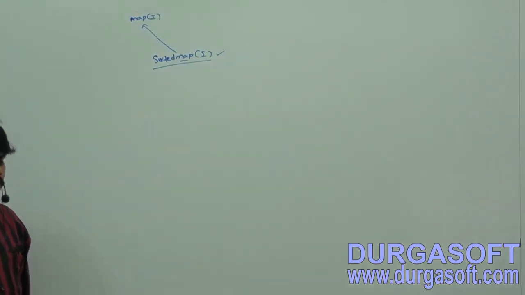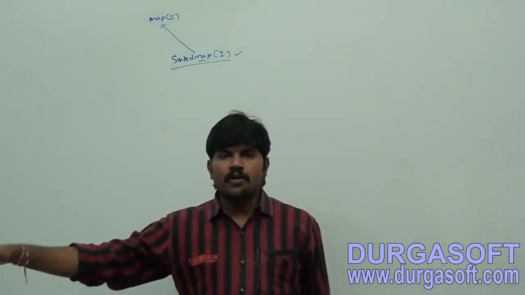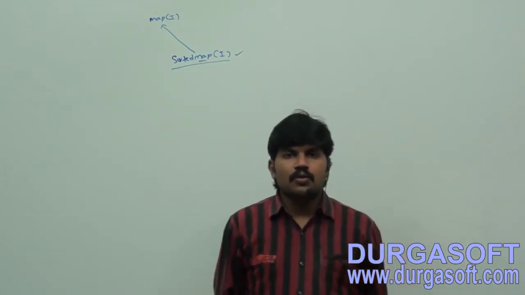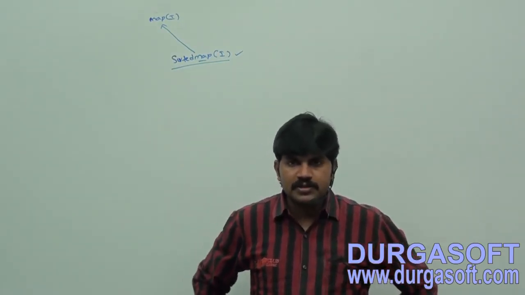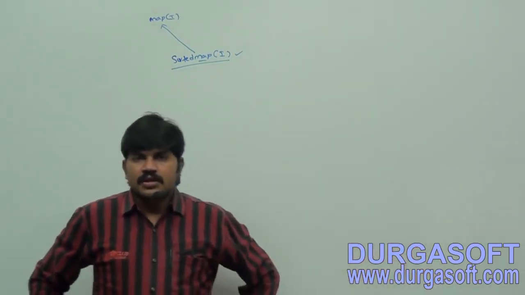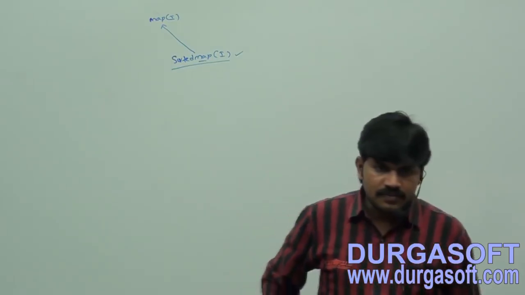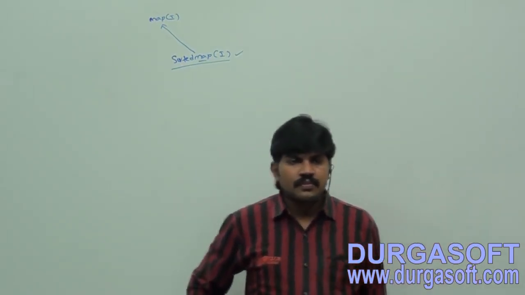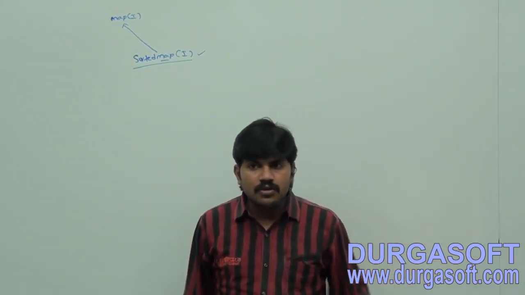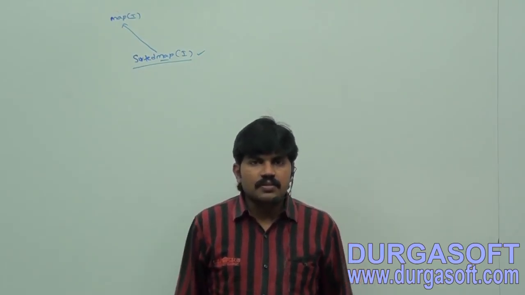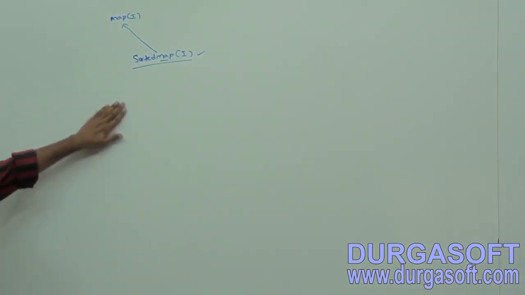If we want to represent a group of objects as a group of key value pairs according to some sorting order of keys, then we should go for sorted map.